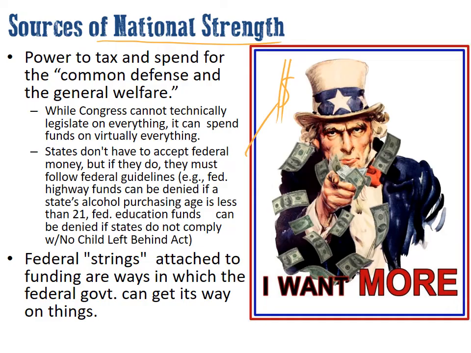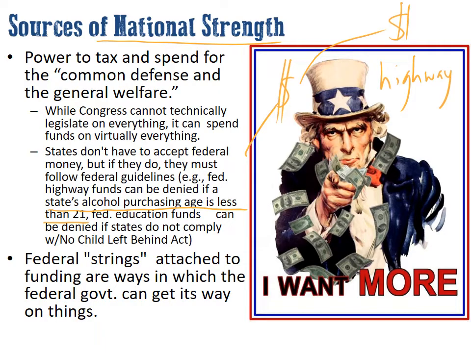Like one of the ways that we got states to raise the drinking age to 21, it didn't used to always be 21 years old. One of the ways we got them to raise it was we said, we'll give you cash for the highway, and in exchange we want you to raise the drinking age in your state to 21 years old. So we never passed a law that says you have to be 21 to drink beer. We just told states, if you want money, you need to raise your drinking age to 21.